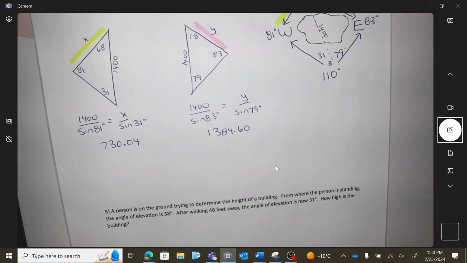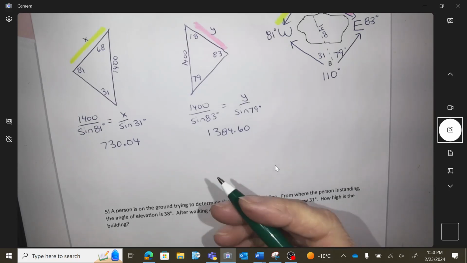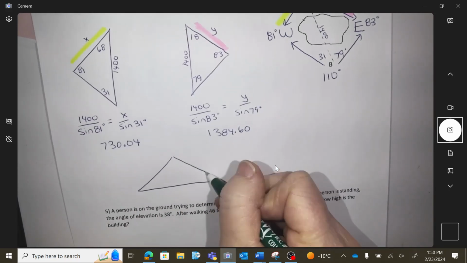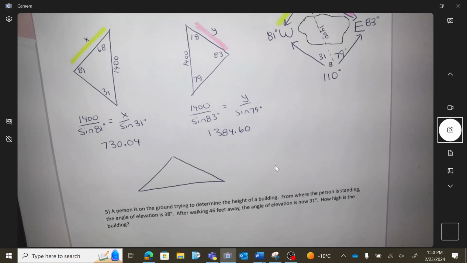Okay, so part of the strategy was to split left side, right side, and then we're going to just do top. That was the goal. So now I need you to focus in on the triangle, just the top.